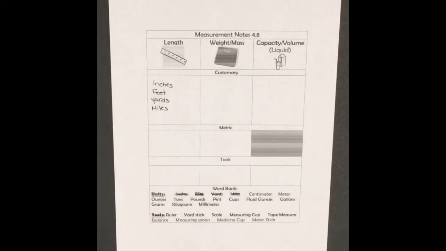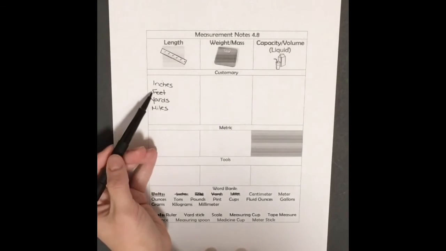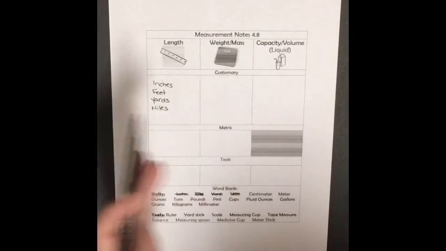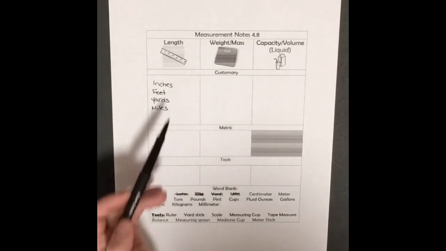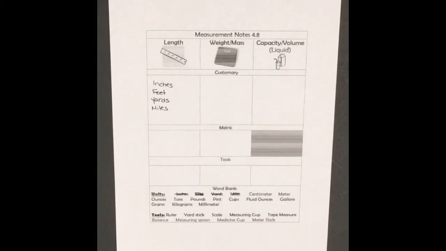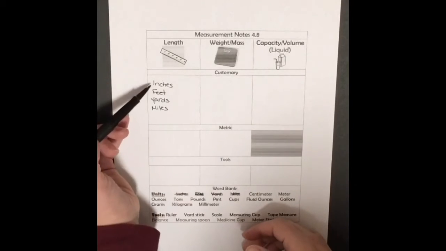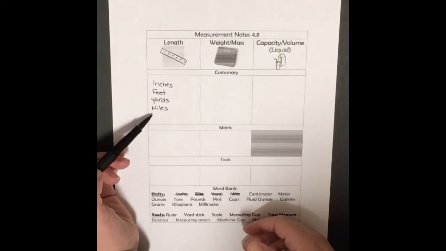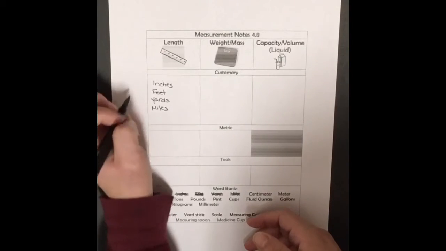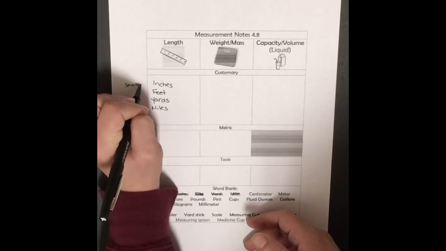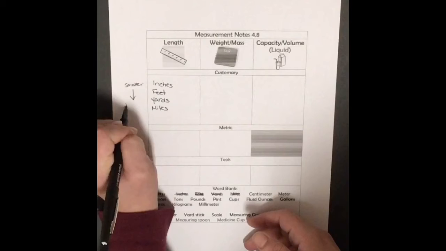It's typically like a paperclip size. Feet, well, that's a whole ruler. Yards, well, that's 3 rulers. Miles, well, we're talking about length. That's like when we're driving or when we're walking. It's about a 15-minute walk, okay? So this is going from smaller to bigger. So I'm going to write over here on the side that this is going smaller to bigger.